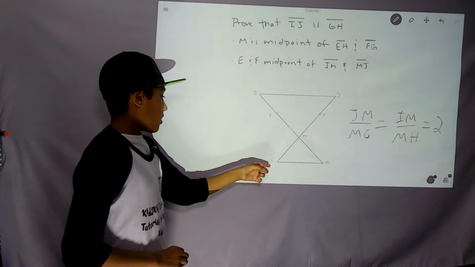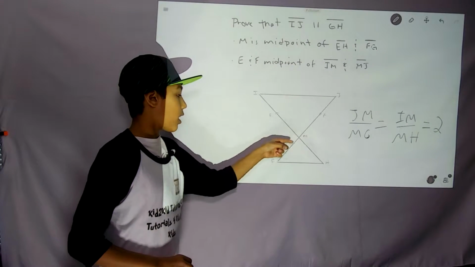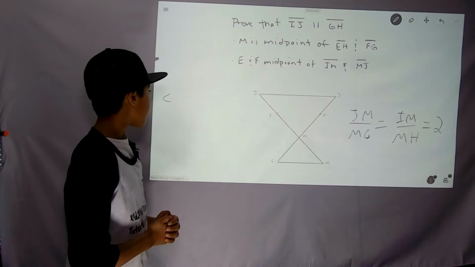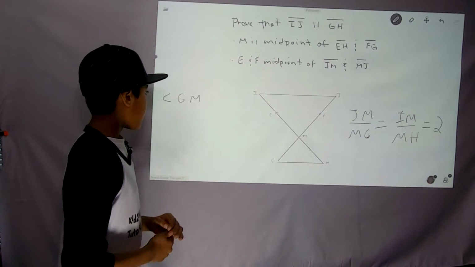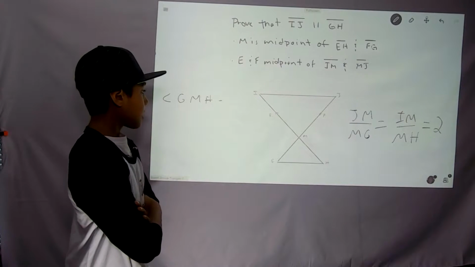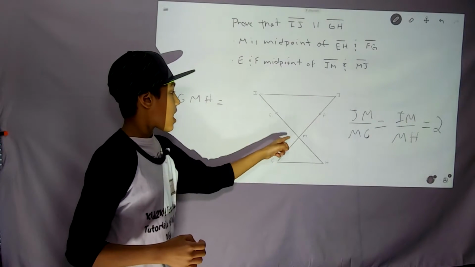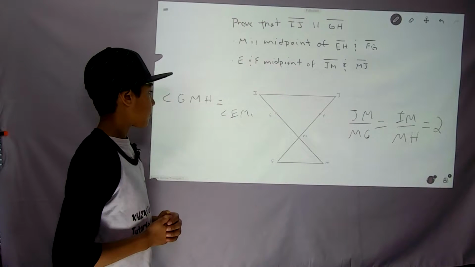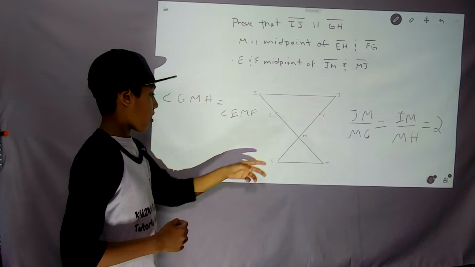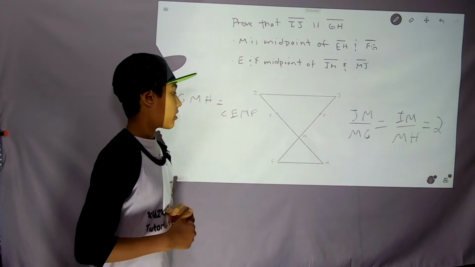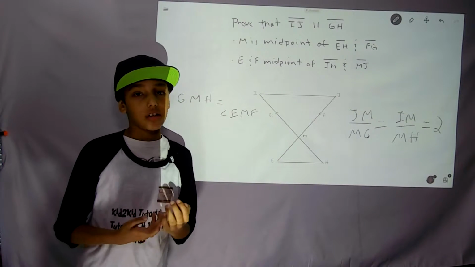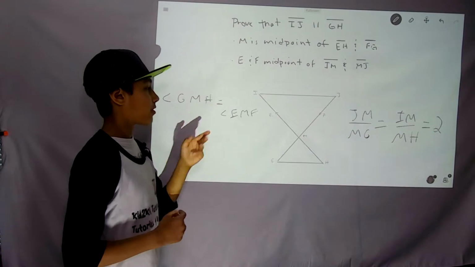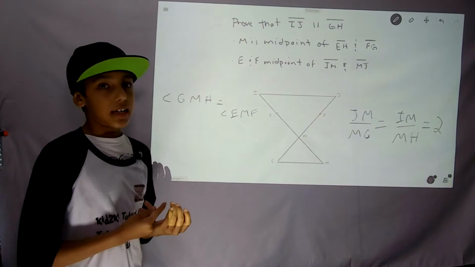So we know that angle GMH is equal to angle EMF, because they are vertical angles, and vertical angles are always equal. So we have now proved that the triangles are similar by SAS.